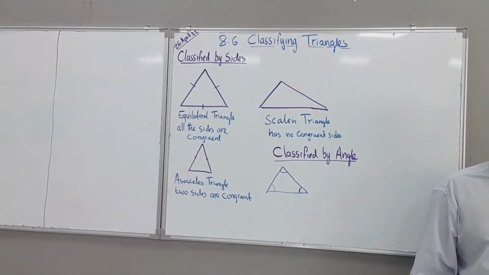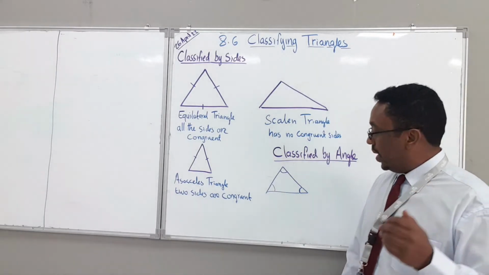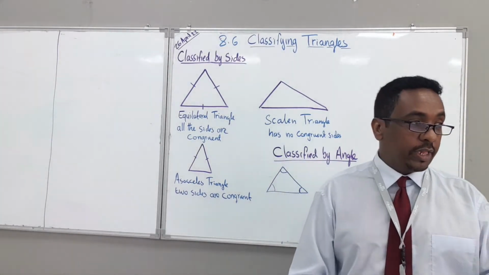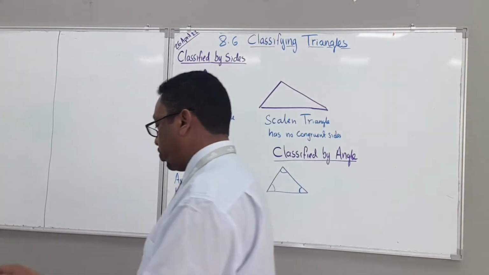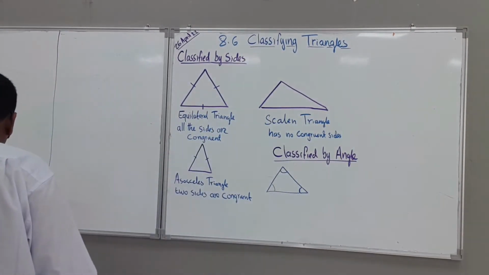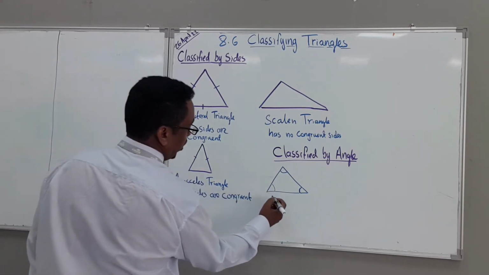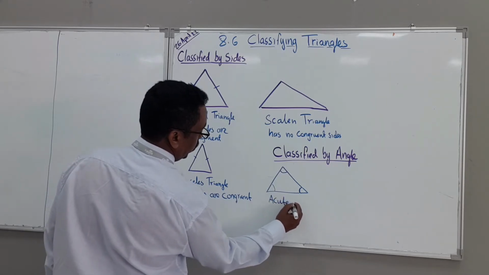This angle is acute. So it's got three acute angles. When a triangle has all acute angles, what do we call it? An acute triangle. Simple. So just write down acute triangle underneath it.